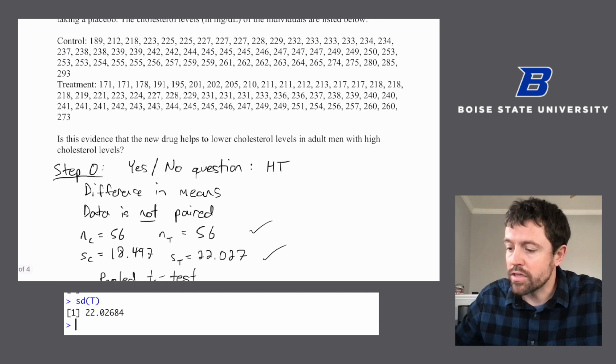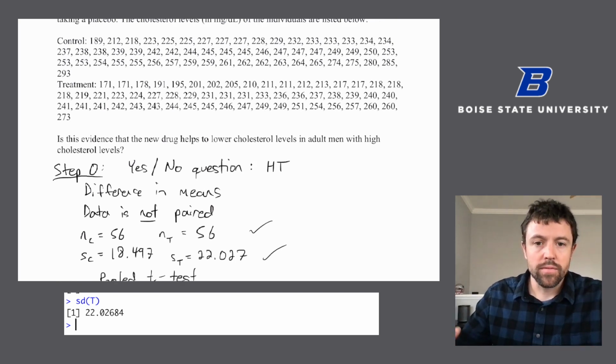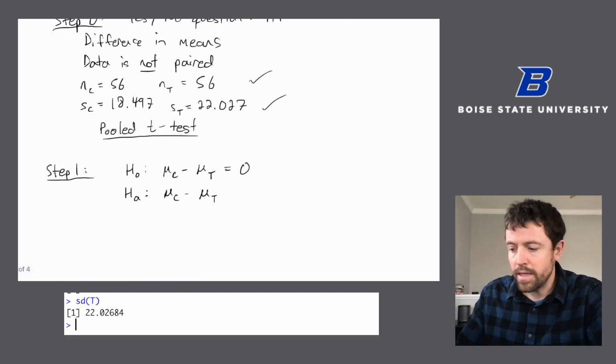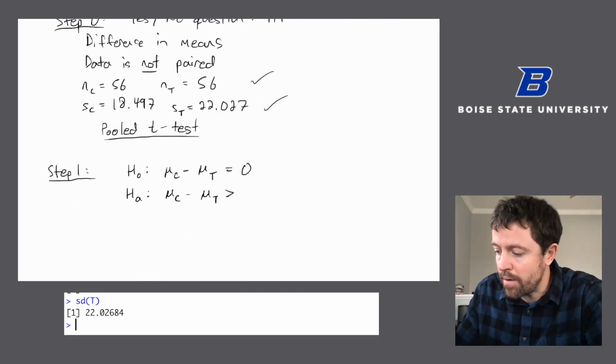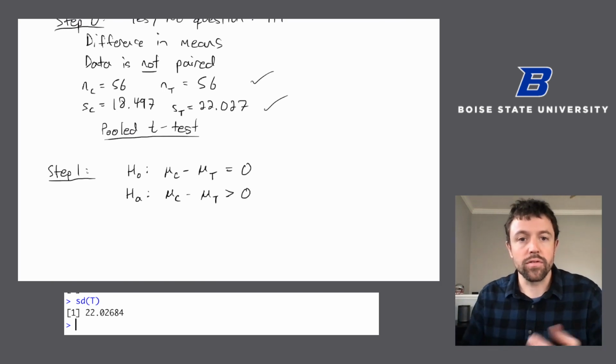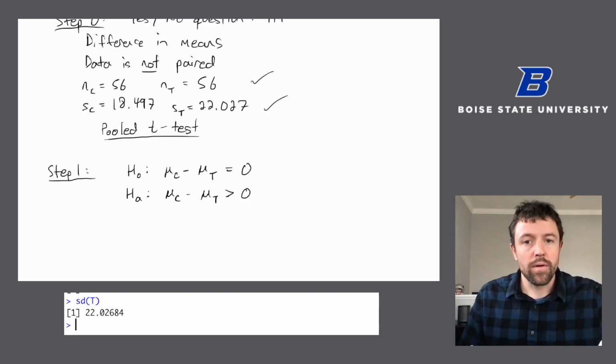We're talking about average cholesterol levels. If the drug works, then the treatment group should have lower average cholesterol levels than the control group. In other words, this difference should be positive, right? The control group should have a higher average level than the treatment group. So it's worth spending a little time on these alternatives, thinking about what they actually should be in the context of the question.